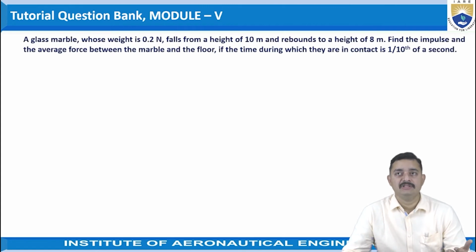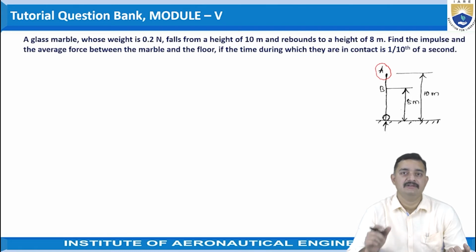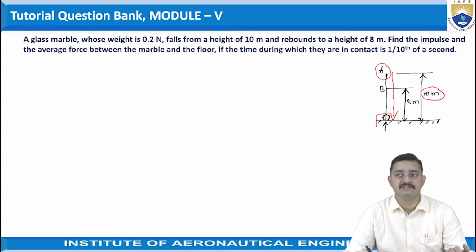If we draw the concept of the given problem, it will be like this. Point A is the starting point, from which the marble is left in the air. Then it travels a distance of 10 meters through the air and touches the ground at this point.